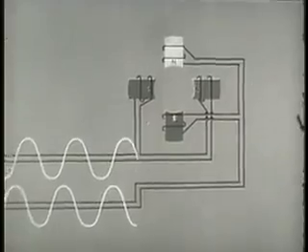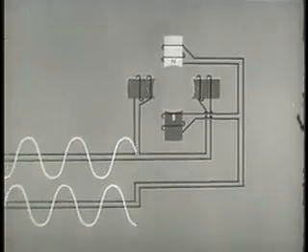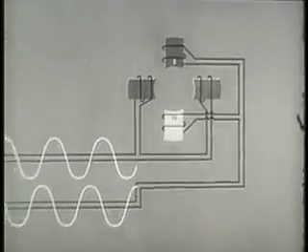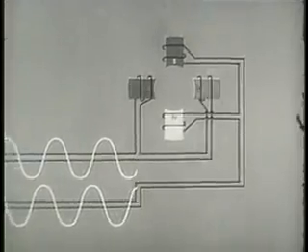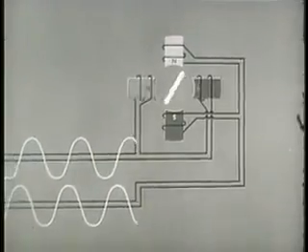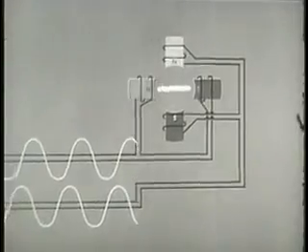As in all induction motors, electrical rotation of the magnetic field is a primary objective. Again, the rotor turns in the same direction as the magnetic field, but at a slightly slower speed.